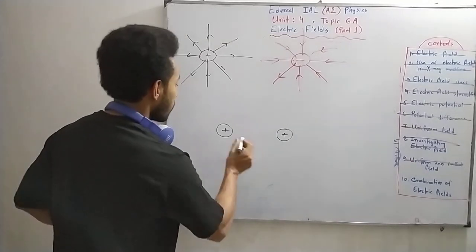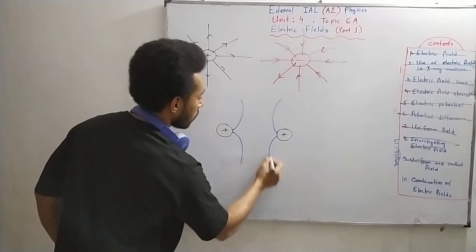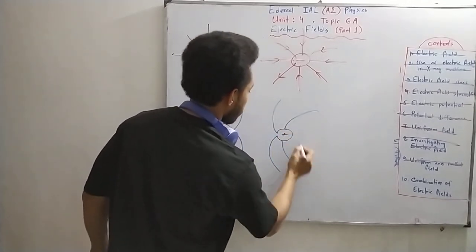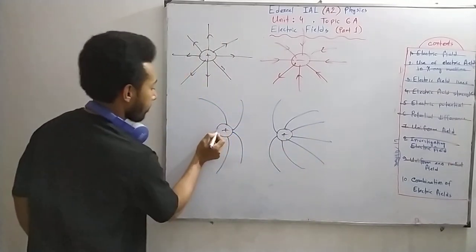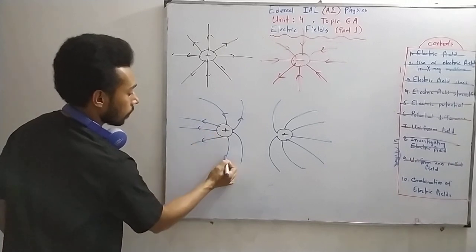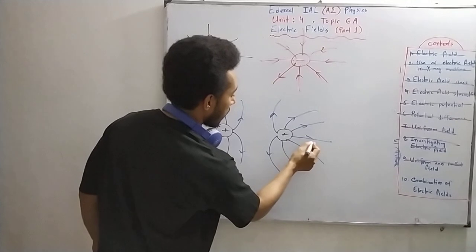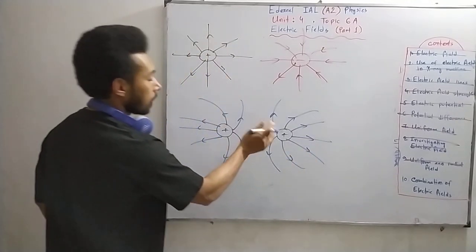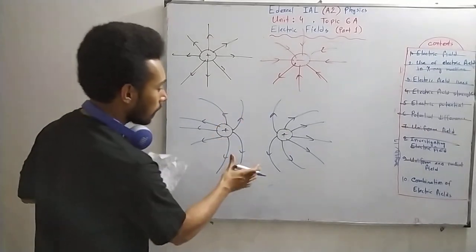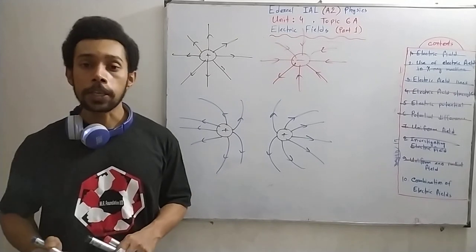Therefore, the direction, okay, since the field lines do not cross or intersect, this is the combined electric field when two similarly charged spheres are placed facing each other.